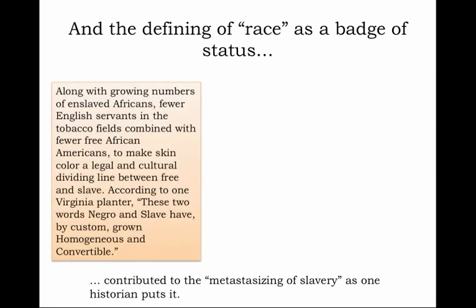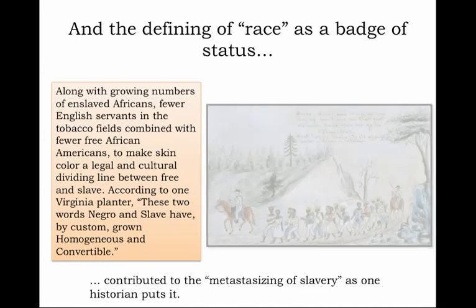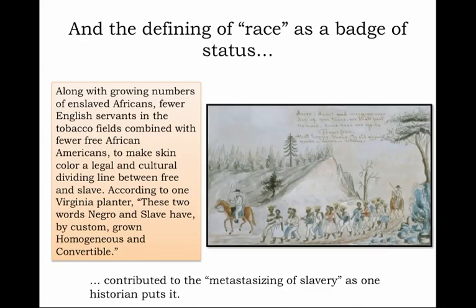Along with growing numbers of enslaved Africans, fewer English servants in the tobacco fields combine with fewer free African Americans to make skin color a legal and cultural dividing line between free and slave. According to one Virginia planter, these two words, Negro and slave, have by custom grown homogeneous and convertible.